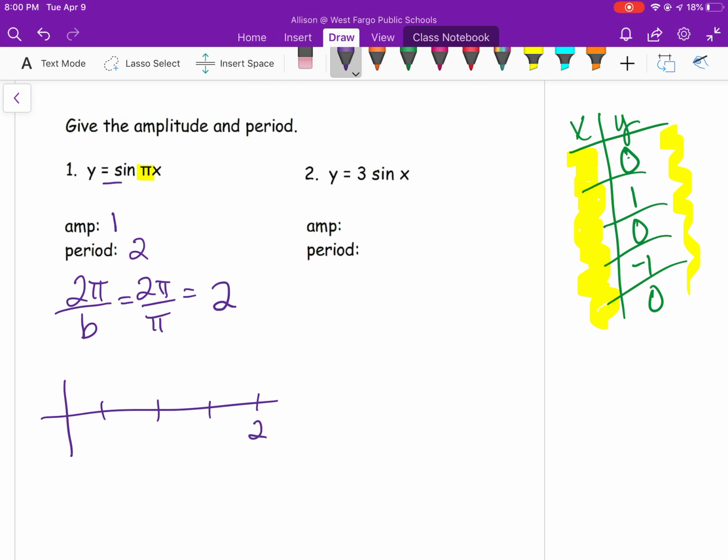Then 2 divided by 4, 2 times 1/4 would be a half. So that means in this one you're counting by halves. So it would be 1 half, 2 halves, 3 halves, 4 halves, which you see 4 halves reduces to 2, 3 halves, this would reduce to 1. So cutting it into fourths, and then that's what you're counting by to find your period.